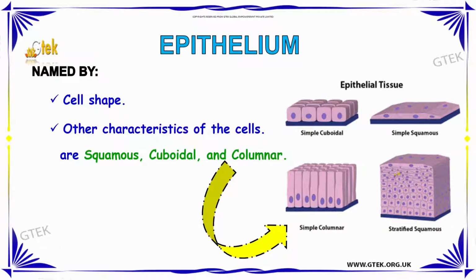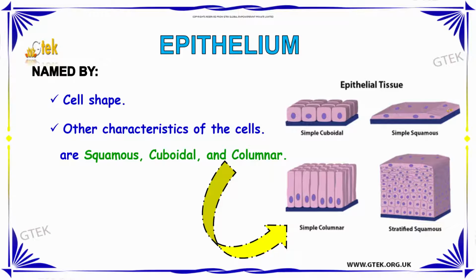The epithelium cells are named by the cell shape and other characteristics of the cells: squamous, cuboidal and columnar. You can see the types here. Here the cells look like a cube shape, so it is called simple cuboidal.